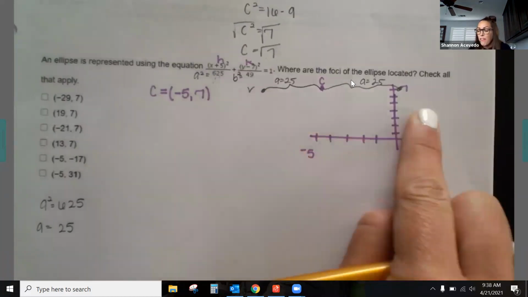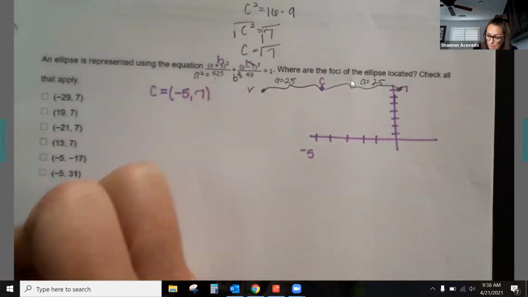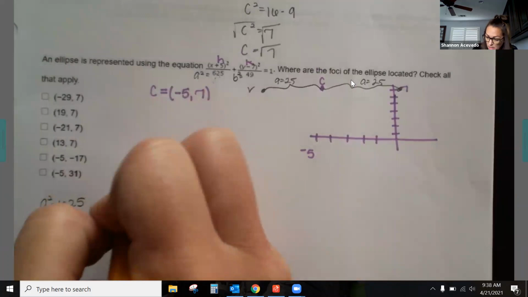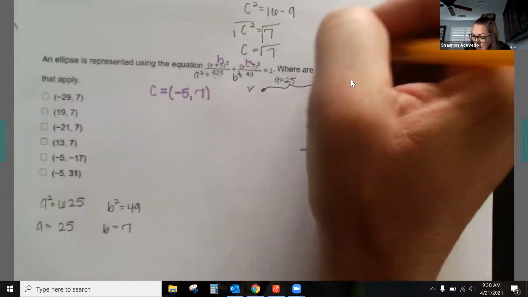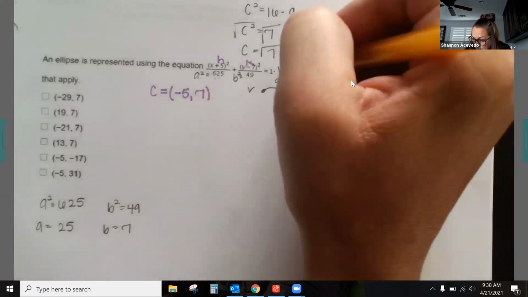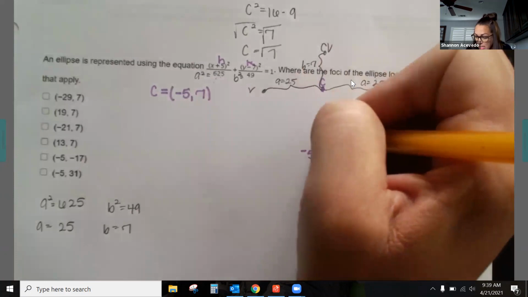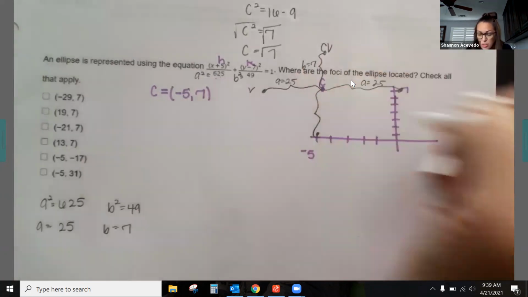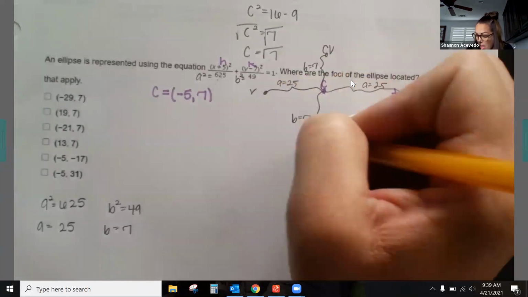I would have to go 25 each way to get my vertices because my A is 25. My B is going to be 7, so I would go up 7 to get my co-vertices, and I would go down 7. Again, this is not to scale, I shouldn't have even numbered it, to get my other co-vertices.